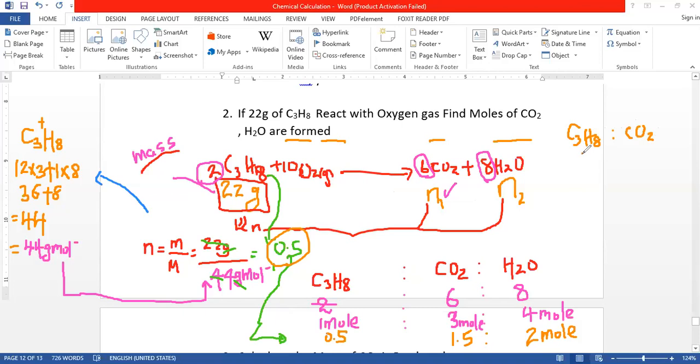The simplified ratio is how much? 1 is to 3. Then here we have found 0.5.